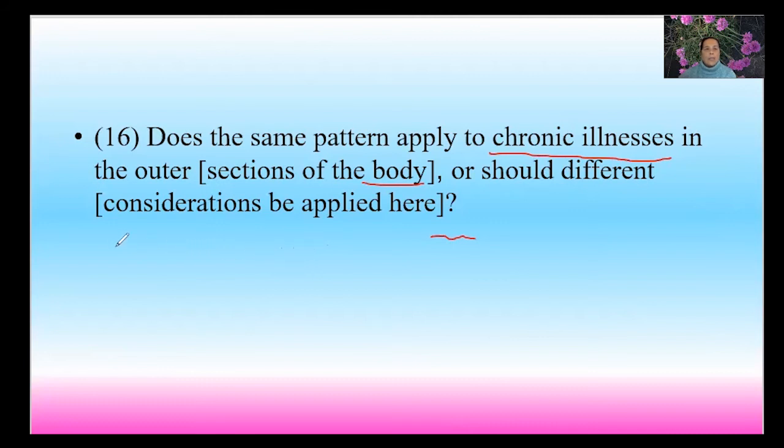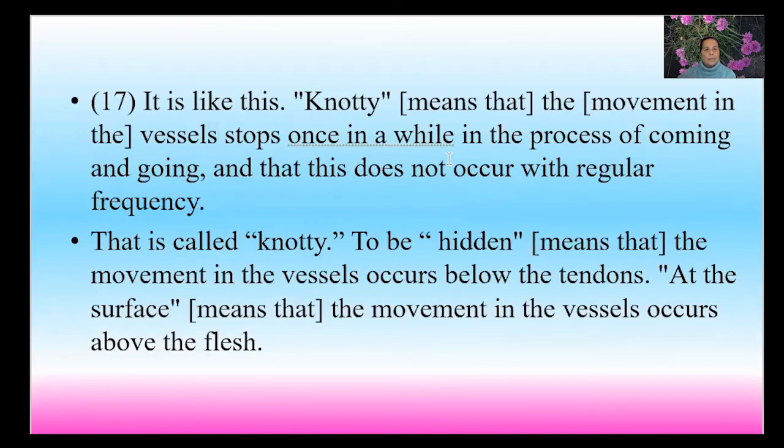If the patient has illness in another part of the body, can we use the same way or do we need to use a different way to make a diagnosis? Then they're talking about the pulse relationship here.